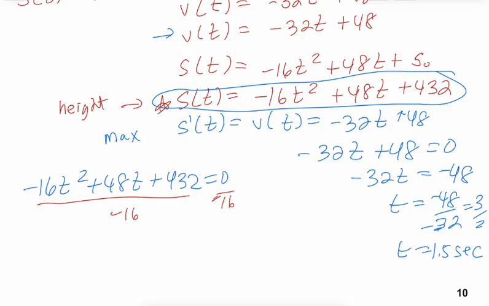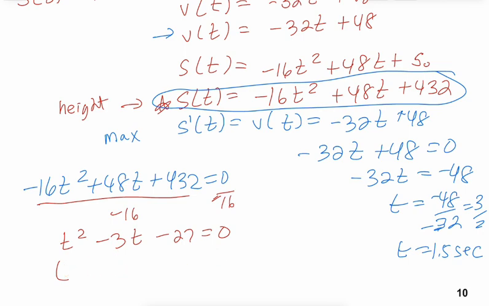It'll be easier. So we get t squared minus 3t minus 27 equals 0. And that is a factorable quantity, which is awesome, because that's t minus 9 and t. Oh, it isn't factorable.